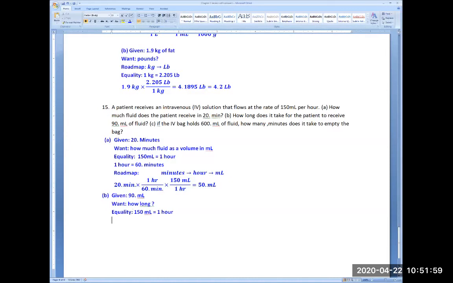So it's probably better to answer in minutes. How long in minutes? So that means we will need to convert 60 minutes into an hour. Does it make sense?